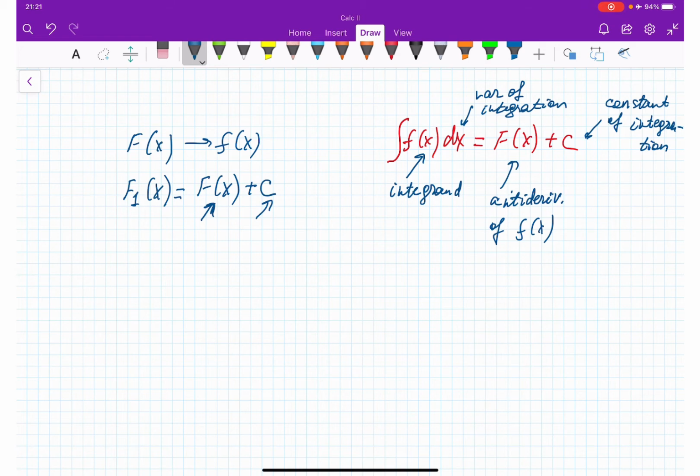Okay, so this whole expression, integral f of x dx, we read as the antiderivative of f with respect to x. The differential dx serves to identify x as the variable of integration.